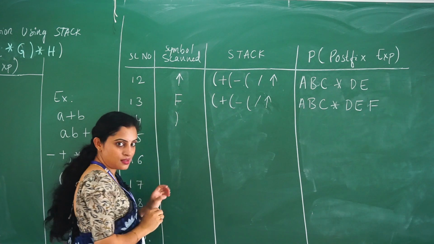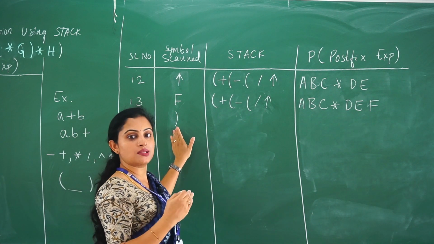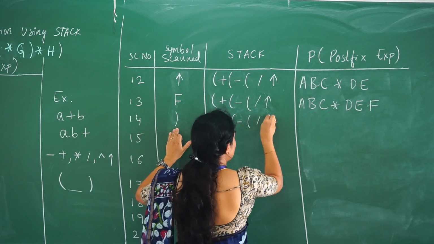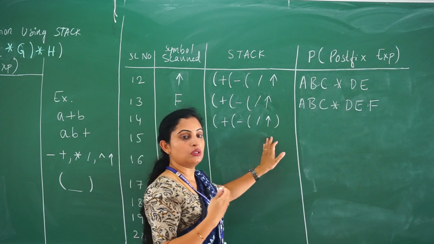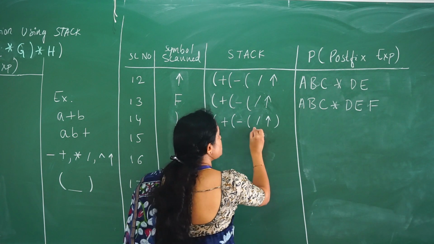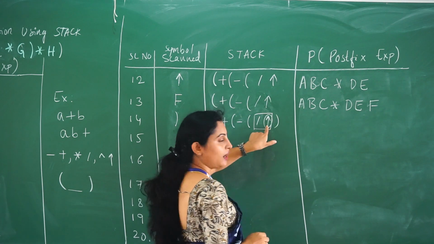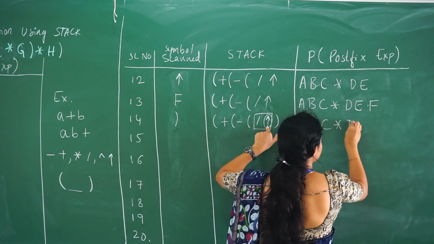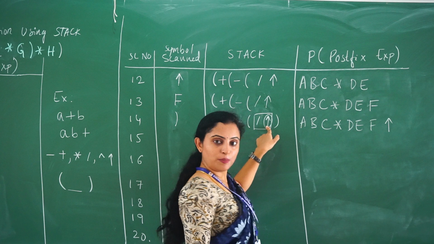Whenever a right parenthesis is encountered, we have to check the stack. We have to pop out repeatedly all the operators until the left parenthesis is encountered. So we are going to pop out all the operators now. The first top of the stack is arrow, so we pop it and keep it in the postfix expression.